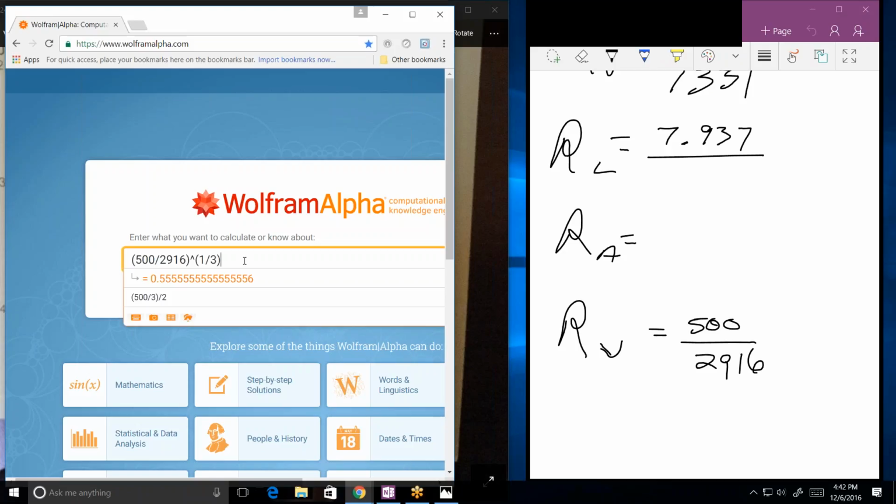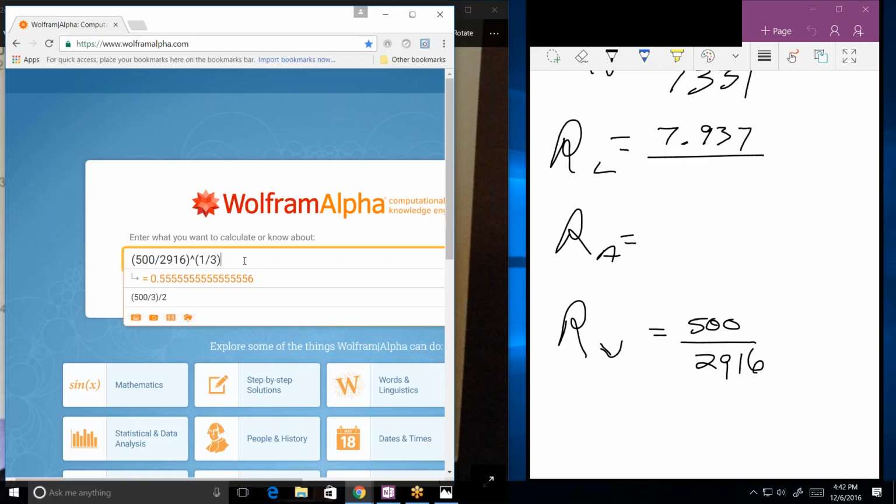What is that caret thing? What does that caret thing mean? That's raising it to that exponent. Ah, that's what we're doing, taking the cube root. So we're raising it to the 1/3 power. Okay, 5/9. There you go.